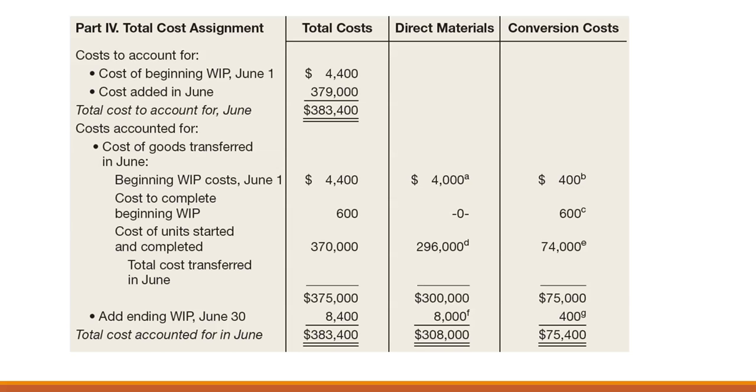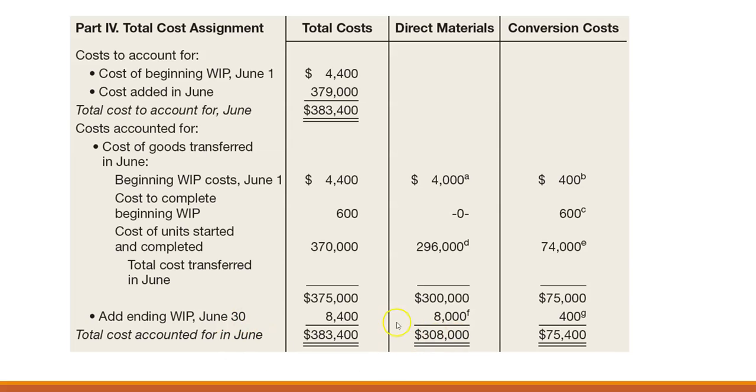We apply those costs to our equivalent units of production to tell us what is in our inventory at the end of the month. So we have total costs of $383,400. Of those costs, $308,000 are applied to direct materials and $75,400 is to conversion costs.